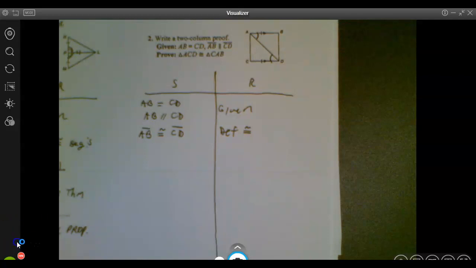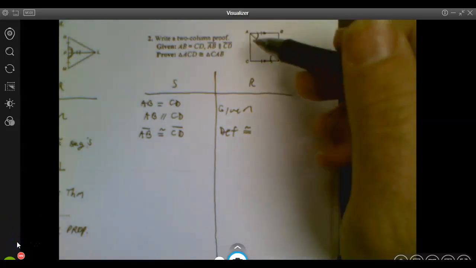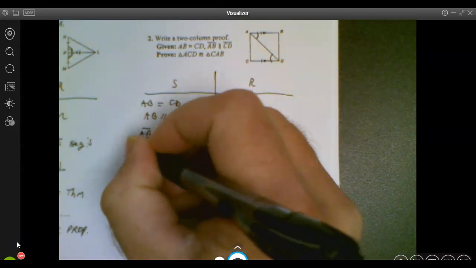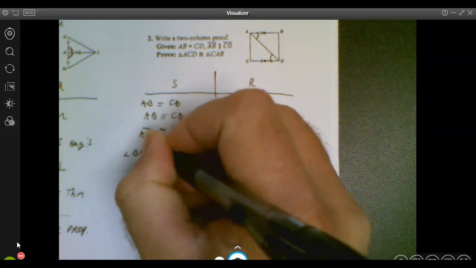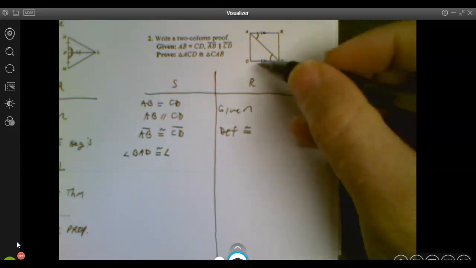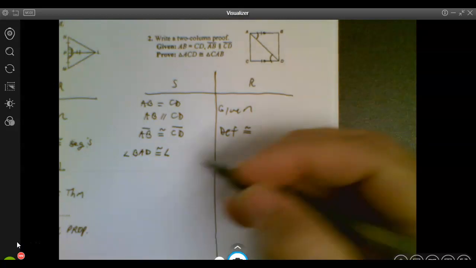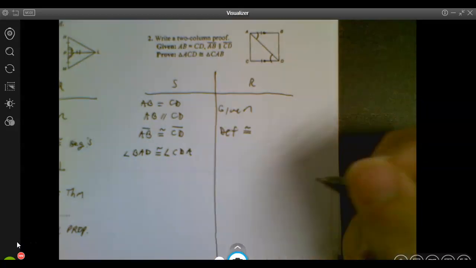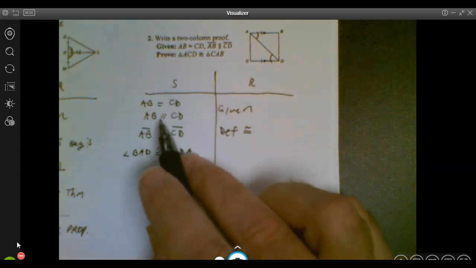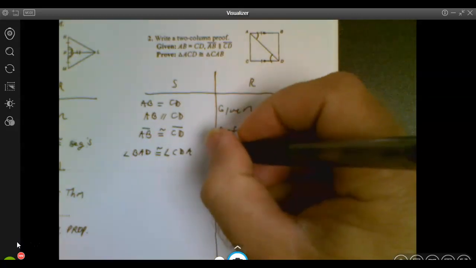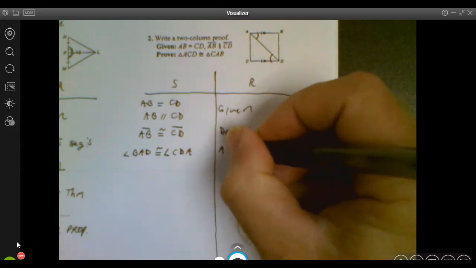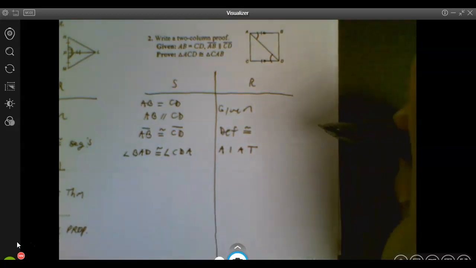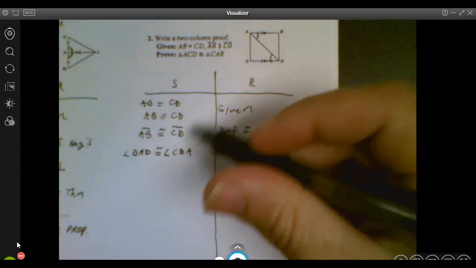So let's call this angle BAD is congruent to angle CDA. And again, all leading back to this idea right here. Those guys are alternate interior angles theorem. That's our alternate interior angles theorem. Notice again, once I've set it here, I then mark it in my diagram.